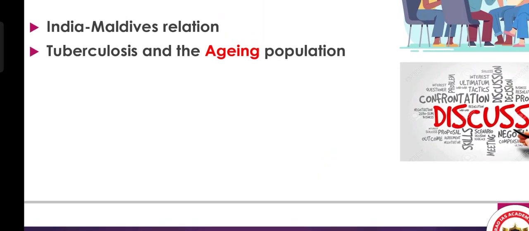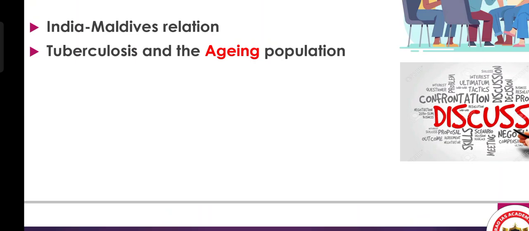Okay. And now the second article will be related to tuberculosis and the aging population. You know that recently the United Nations Population Fund organization has released a report specifically mentioning that India's old age population is going to grow in the coming times, and that means we have to be prepared for the elderly population for their welfare.